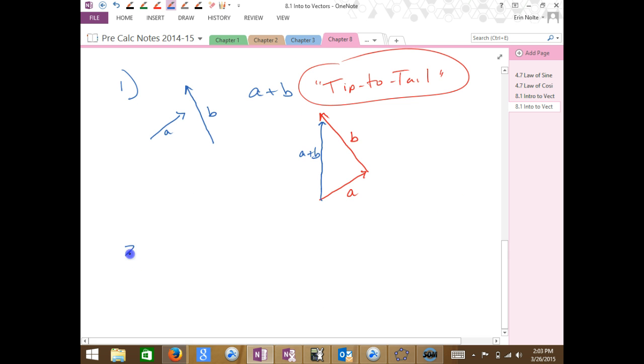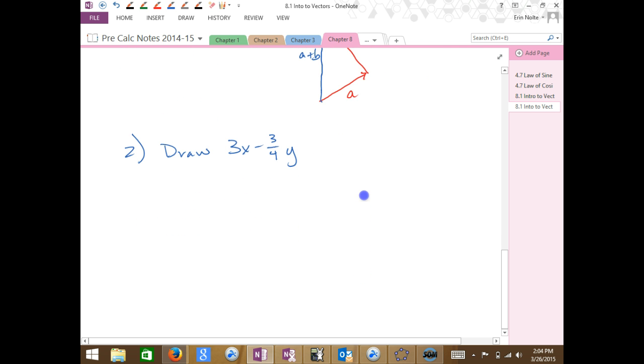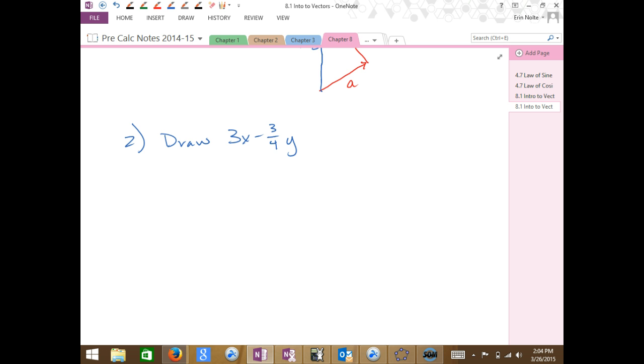Okay, so let's try a different one. Let's say we have... You need to find the value of that? Not yet. We will. Okay, so let's try this scenario. Let's say they have 3x minus 3/4 y.